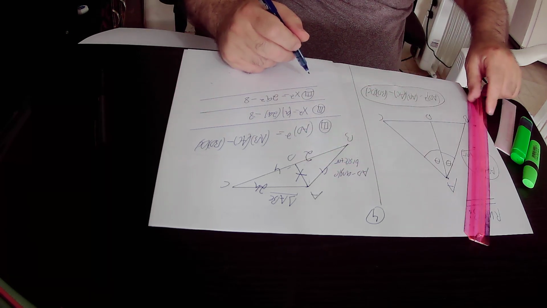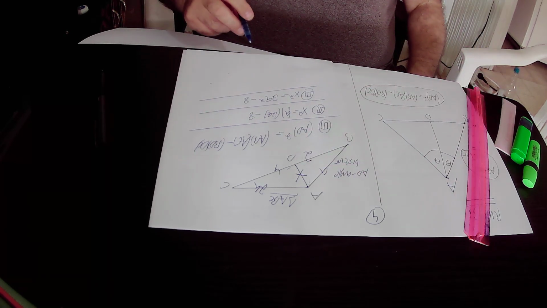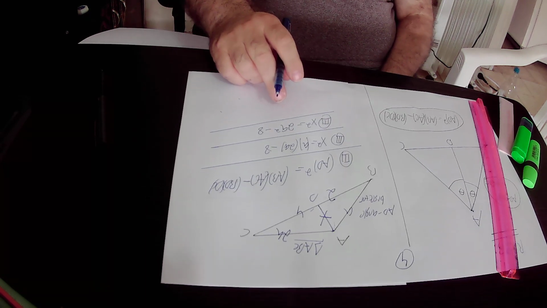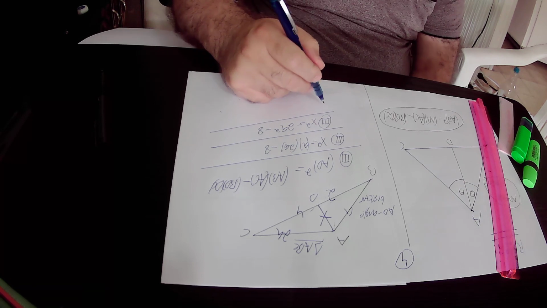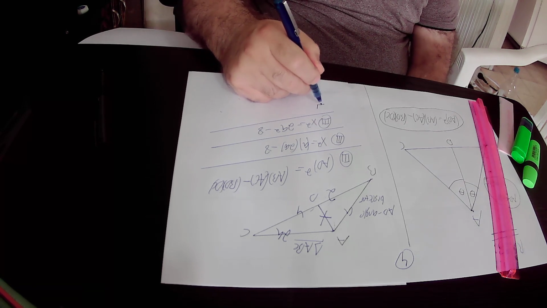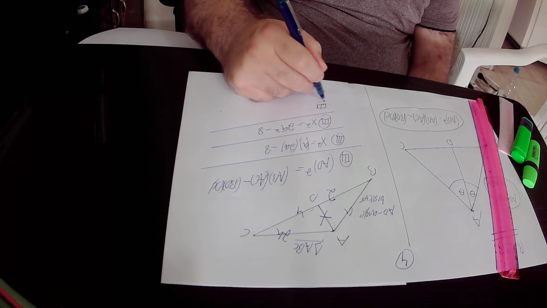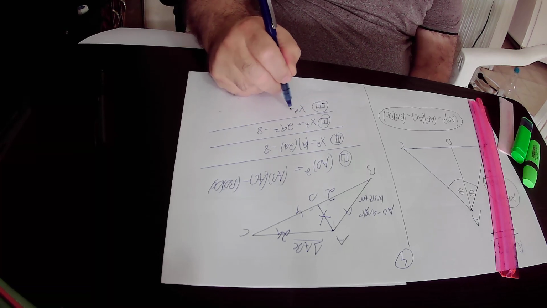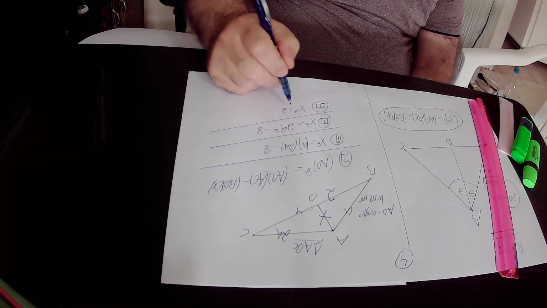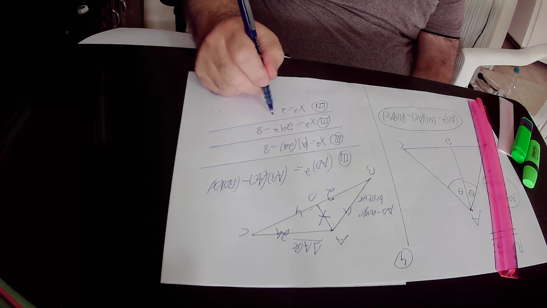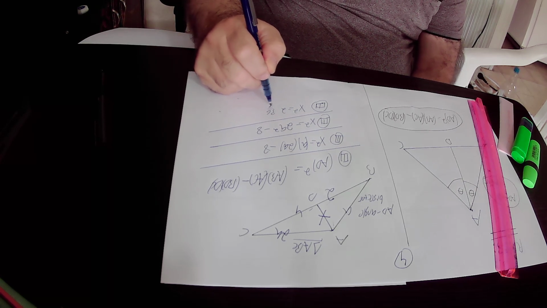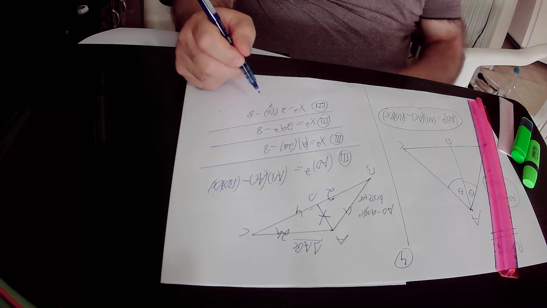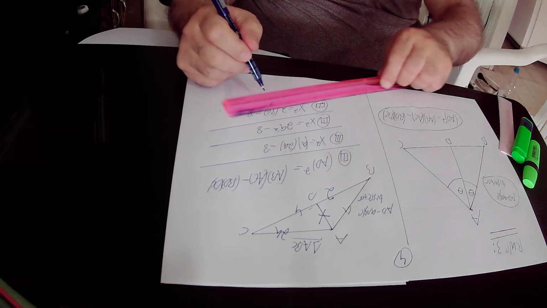We have already found out that a squared equals 36 over 7, so we substitute a squared in equation number 3 by 36 over 7. And we get that according to equation number 3, x squared equals 2 times a squared, which is 36 over 7, minus 8. 2 times 36 is 72.